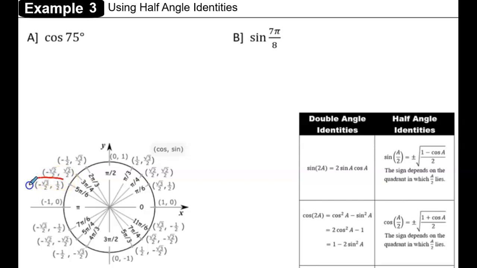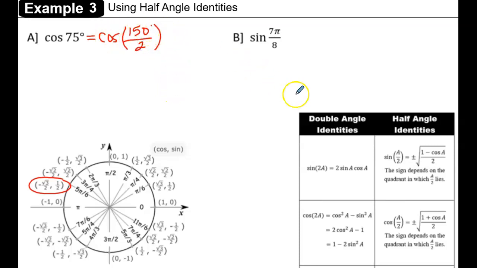So this would be the coordinate for my angle at 150 degrees, which is a special angle on the unit circle. So I can rewrite the cosine of 75 degrees as the cosine of 150 degrees divided by 2.